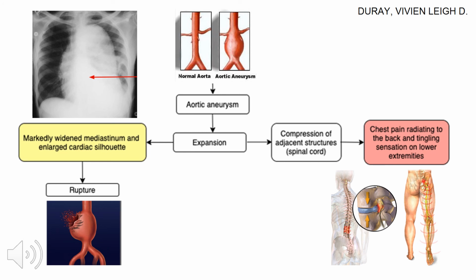On the left side, further expansion would lead to widened mediastinum, which can be seen at the upper left radiologic finding from our patient, demonstrated by the red arrow, and enlarged cardiac silhouette. This would then lead to rupture in worst case scenarios. So that is all for the pathophysiology. I hope you enjoyed listening.